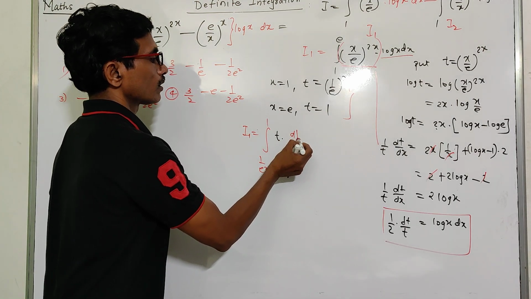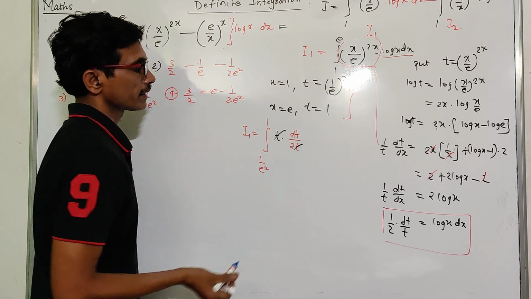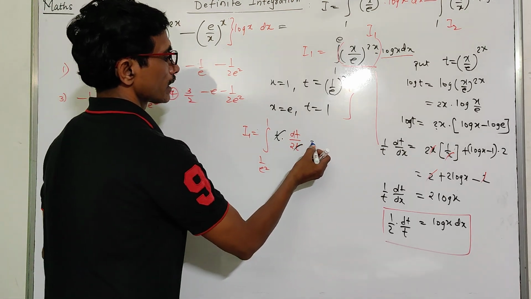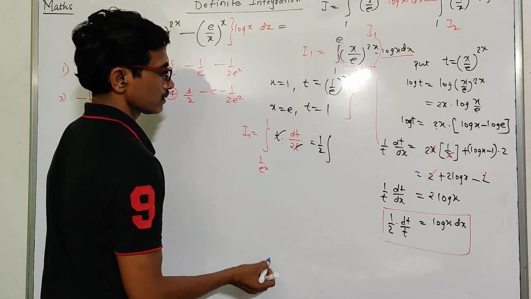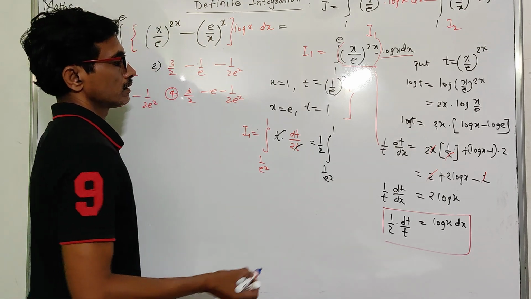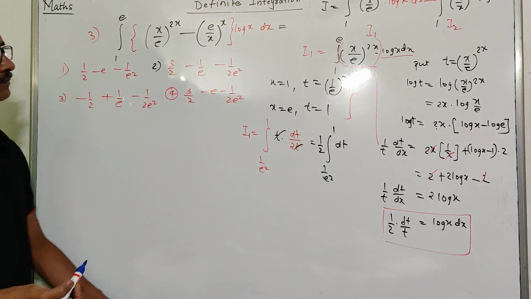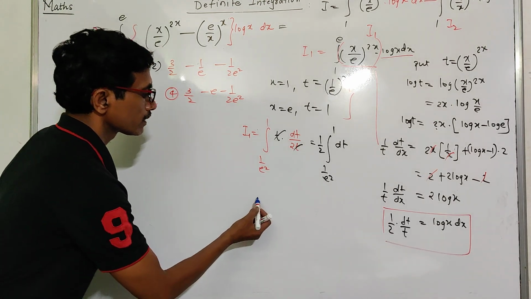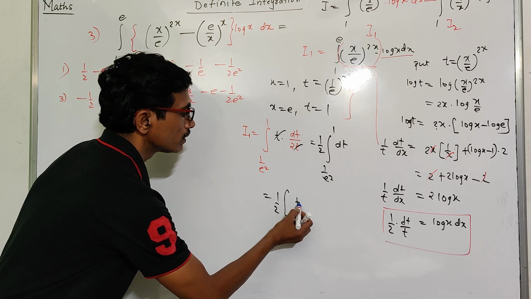So this t is getting cancelled. So we are getting I1 is equal to 1 by 2 integral 1 by e square to 1 dt. We took 1 by 2 outside, and the integration of dt is equal to 1 by 2 t.